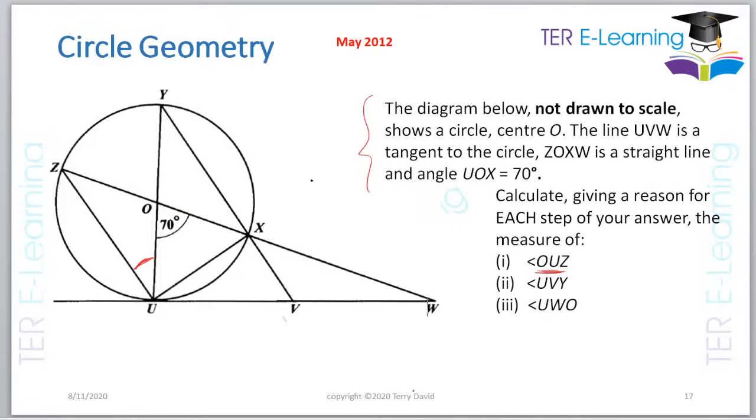All right, so let's take a look at this. If you know this angle here is 70 degrees, it means that you can work out this angle here. So this angle here is actually 180 minus 70, so that angle is 180 degrees minus 70 degrees, and that'll give me 110 degrees, right?